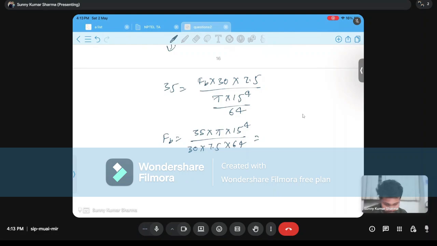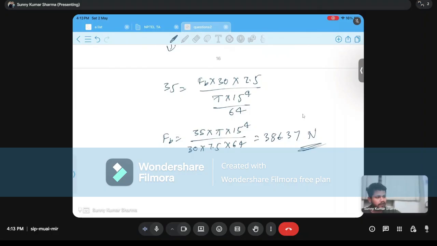While performing this calculation, we obtain 386.37 Newton.